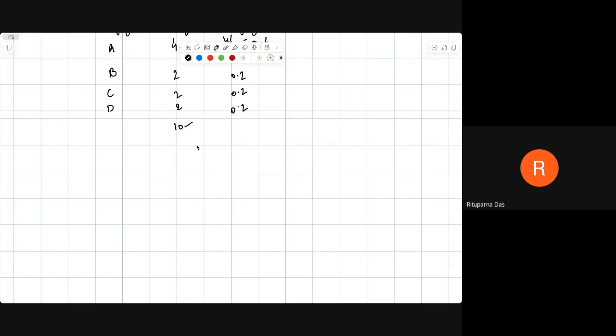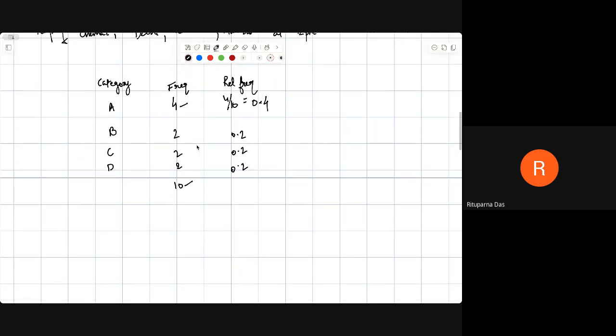To describe this kind of frequency table, we mainly use pie chart and bar chart. There is pie chart, there is bar chart, and there is Pareto chart.